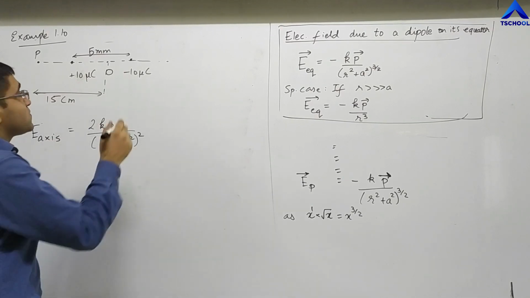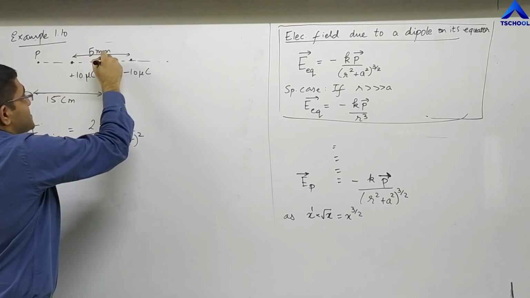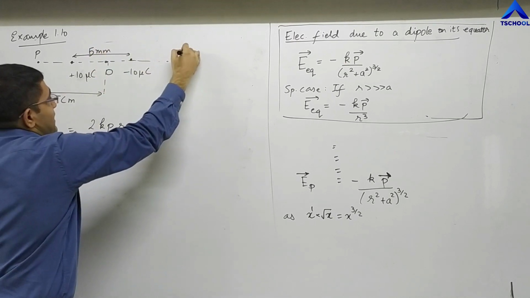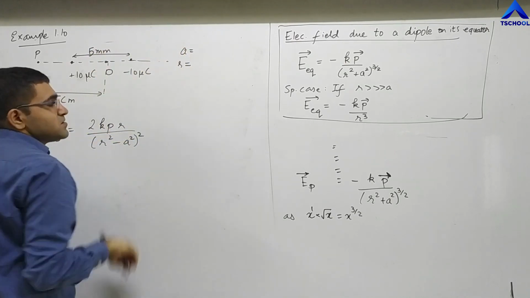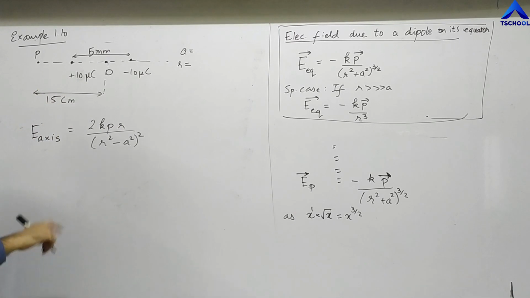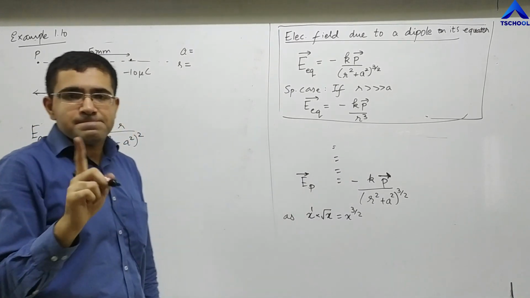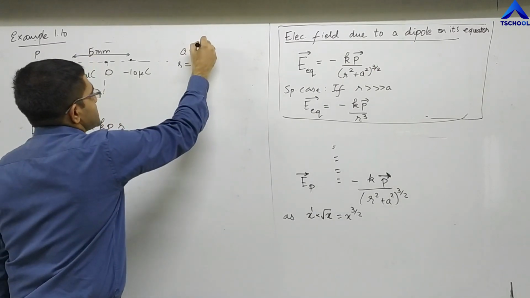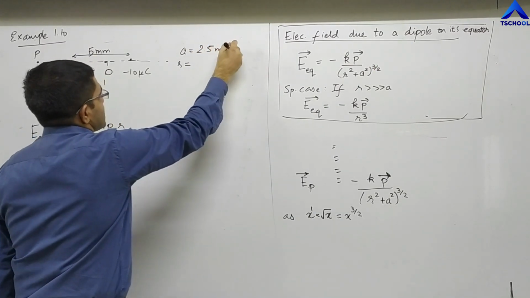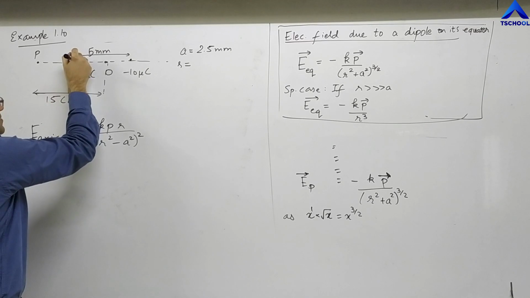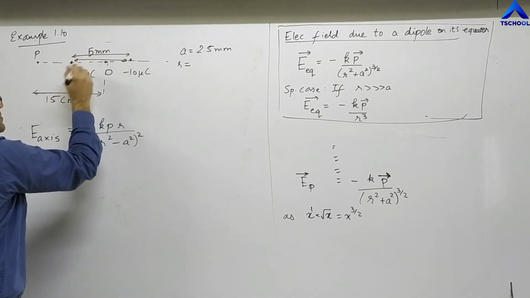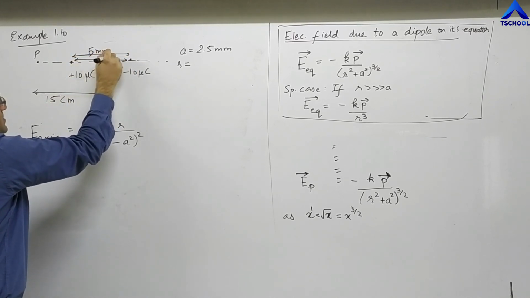That's the question. To verify whether we can use the special case or not, we'll have to find the value of a and the value of r. So what's a? Is it 5 mm? No. a is 2.5 mm, because the whole length between the positive charge and negative charge is actually 2a.